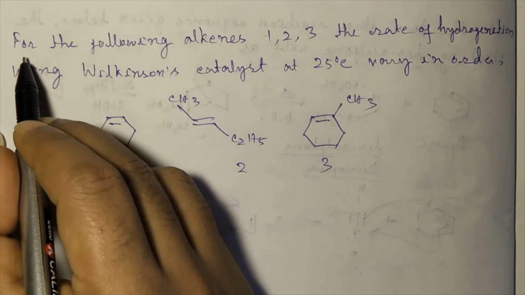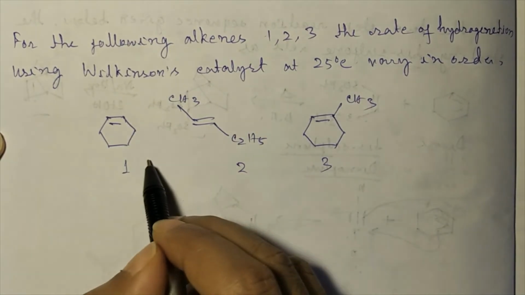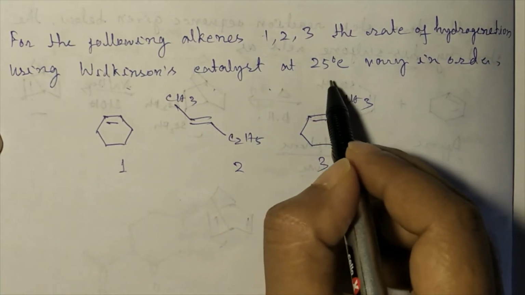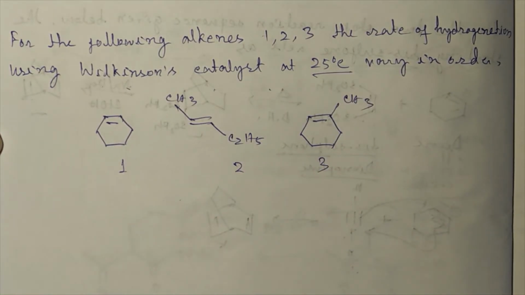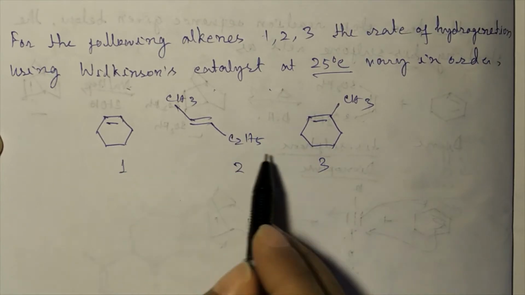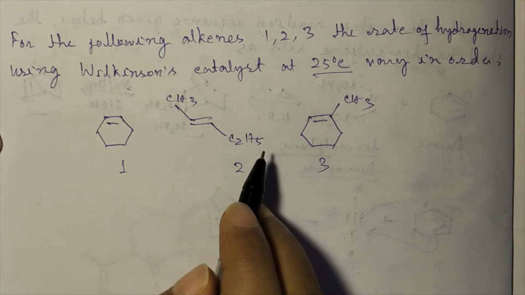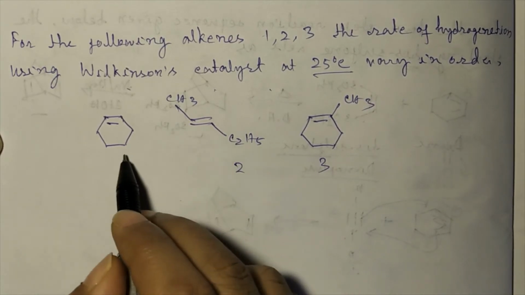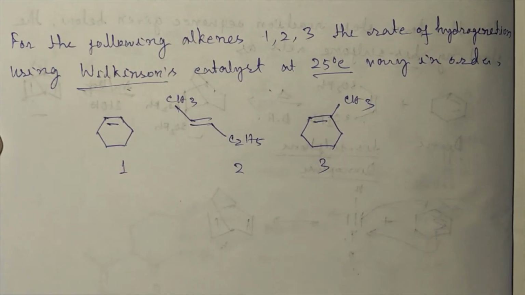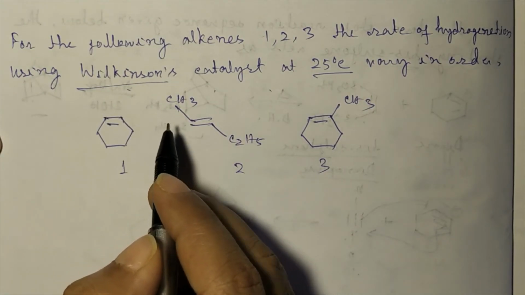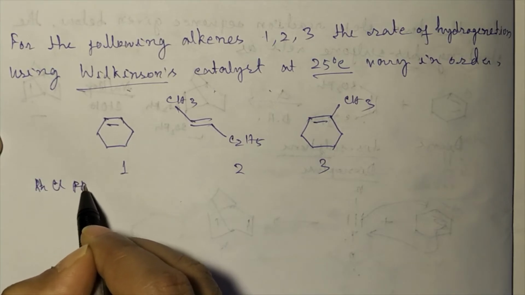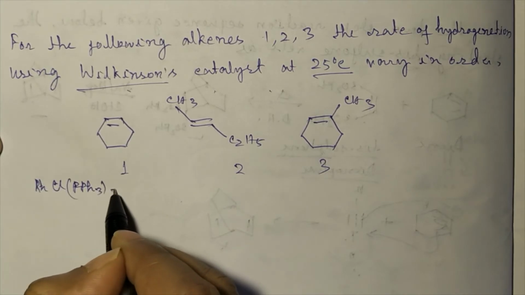Next question, for the following alkenes 1, 2, 3, the rate of hydrogenation using Wilkinson catalyst at 25 degrees centigrade. So we have to determine the rate of hydrogenation using Wilkinson catalyst, which is RhCl(PPh3)3.